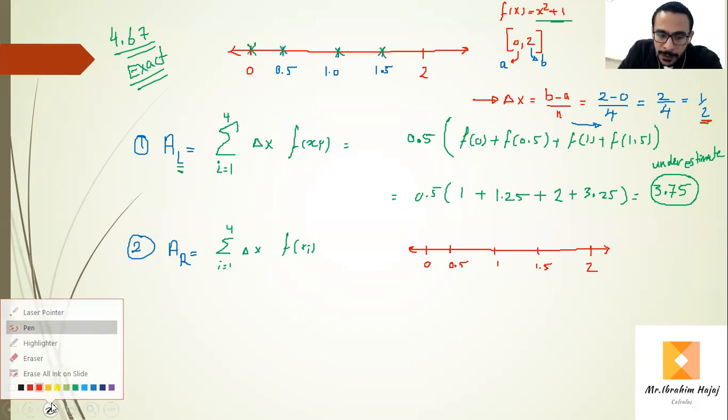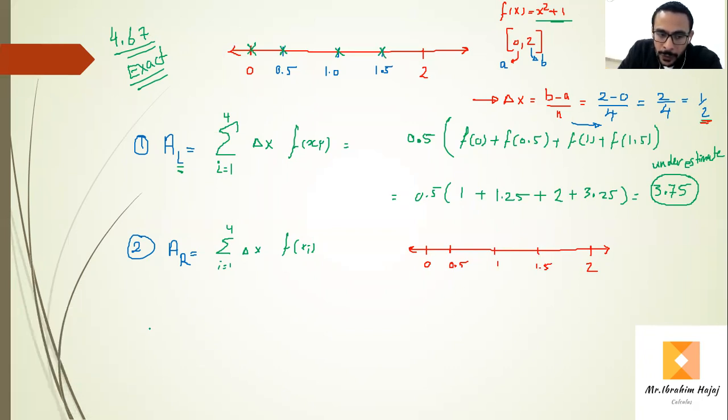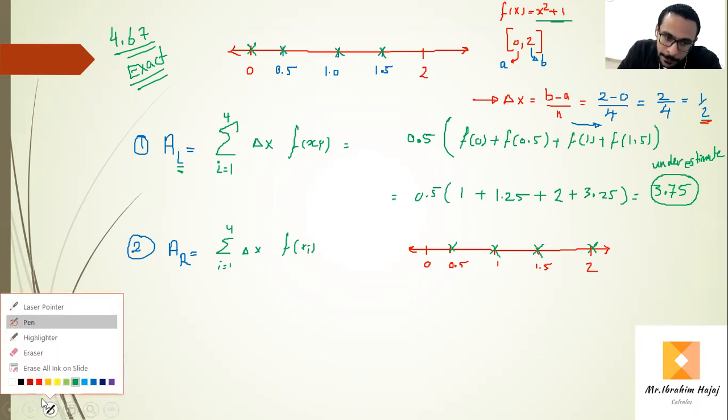The previous way, we took only the leftmost points: 0, 0.5, 1, and 1.5. Here, for the rightmost, I'm going to take the 2, the 1.5, the 1, and the 0.5, all except 0. Okay, let's do it.